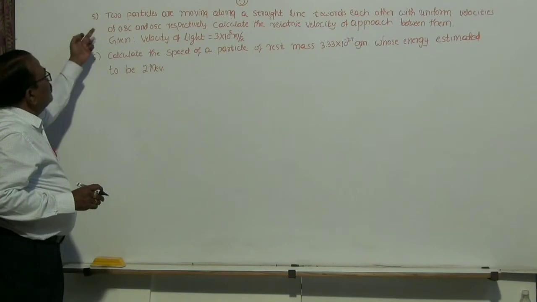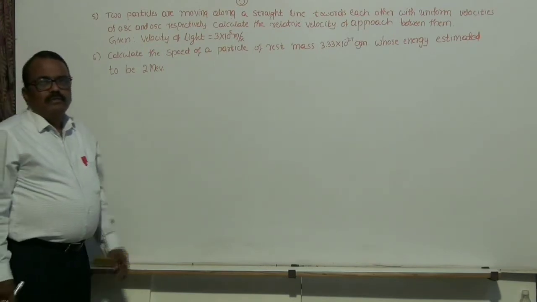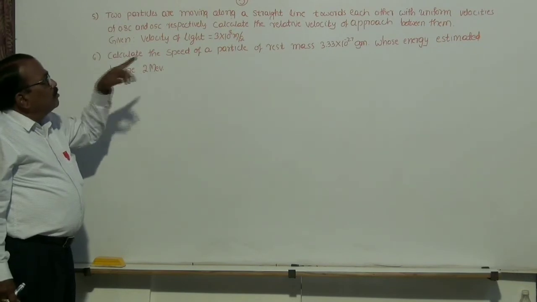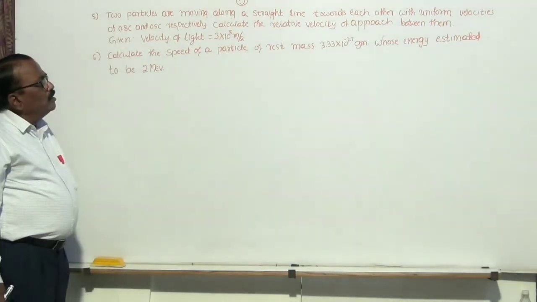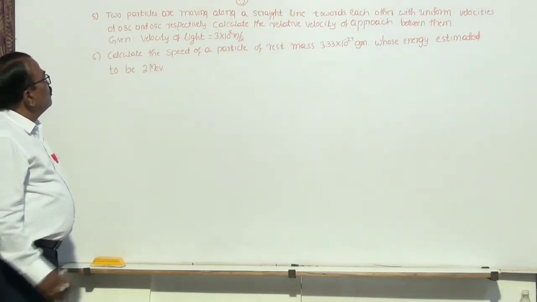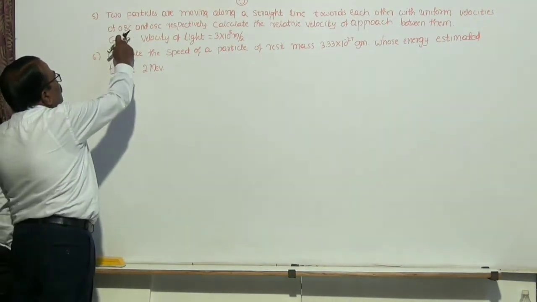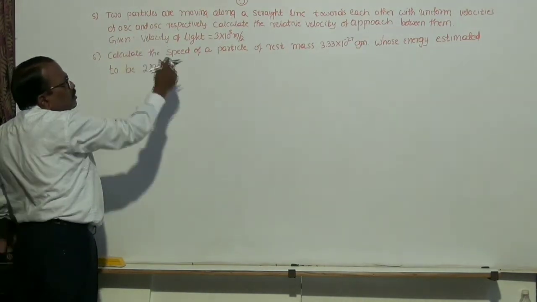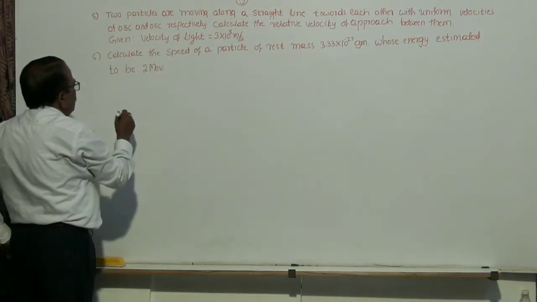See your fifth example is, two particles are moving along a straight line towards each other with uniform velocity 0.8 c and 0.5 c towards each other.